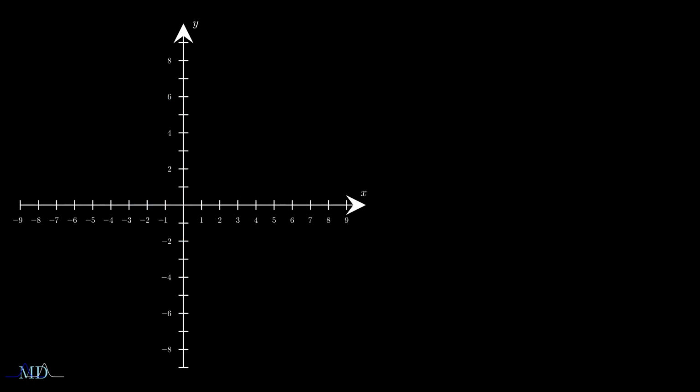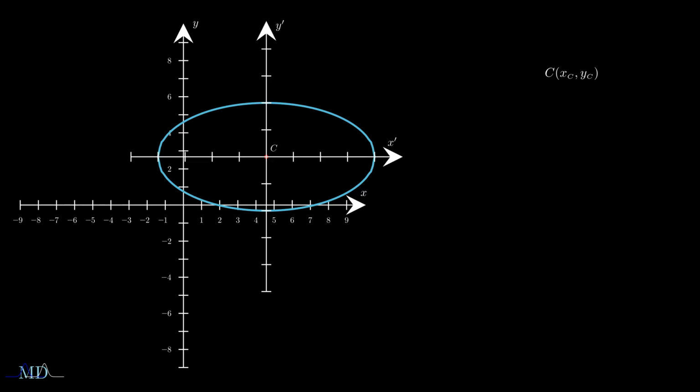We want to see what is the equation of an ellipse with center at a generic point. Let's draw an ellipse of center C of coordinates xc and yc. Then we consider another coordinate system x' and y', with the origin at the point C. In this new coordinate system, the center of the ellipse coincides with the origin, so its equation is x' squared over a squared plus y' squared over b squared equals 1.